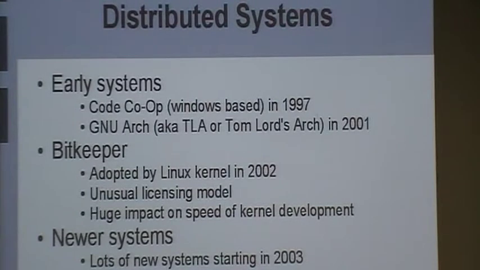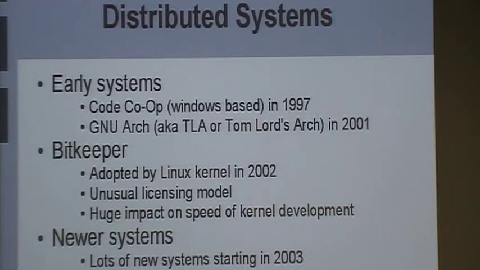But it was an extremely well-designed source code management system, and it had a huge impact on the speed of development of the kernel. It made the kernel bazaar development model much, much more efficient. Much smoother and much more efficient. So we really have to be grateful to the BitKeeper developers for providing this free tool for so many years.